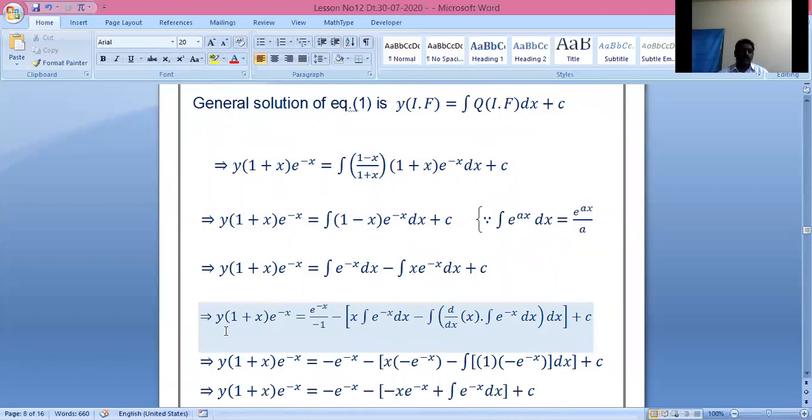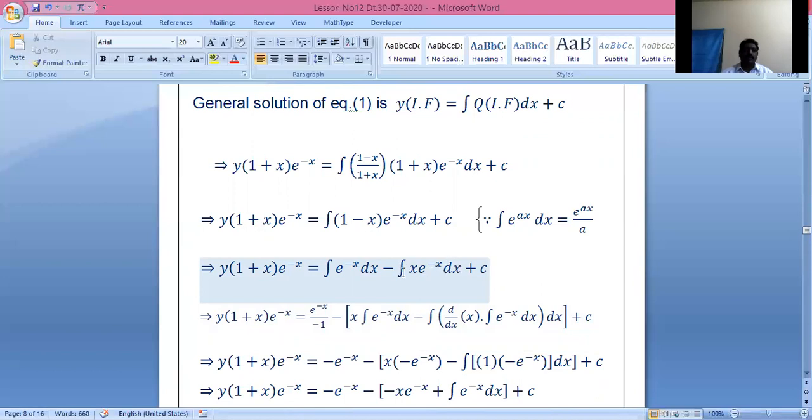That implies y into (1 plus x) into e to the power of minus x is equal to integration of e power minus x, which is e power minus x by minus 1, since integration of e power ax dx is equal to e power ax by a. Therefore we get e power minus x by minus 1 minus integration of x into e power minus x dx.